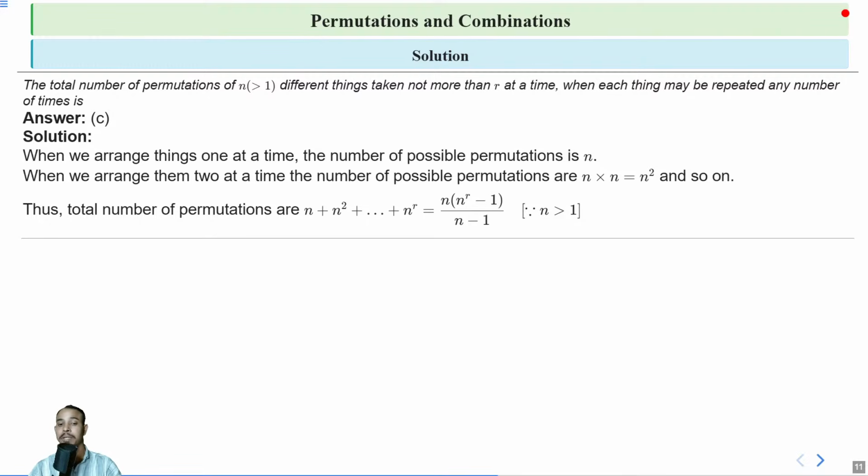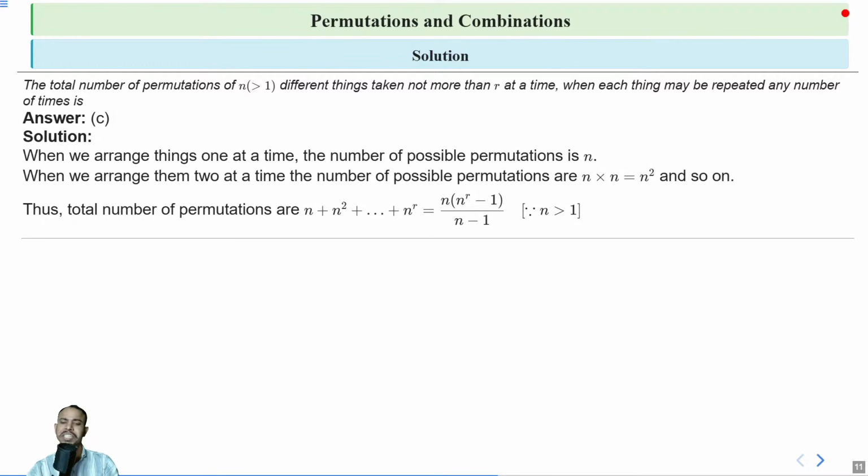So what is the sum of this geometric progression? If you have a geometric progression a plus ar plus ar squared plus dot dot dot plus ar to the power n, the sum of this geometric progression is a times r to the power n minus 1 divided by r minus 1, when r is greater than 1.